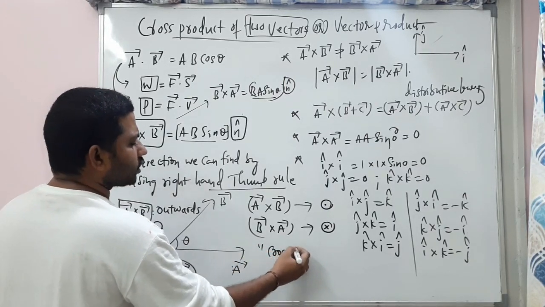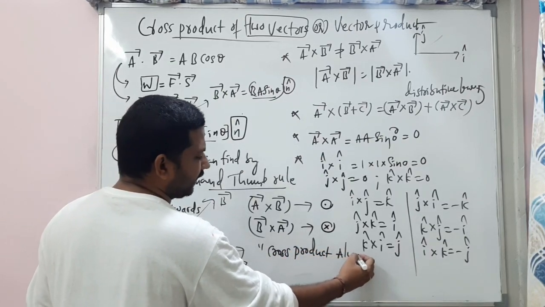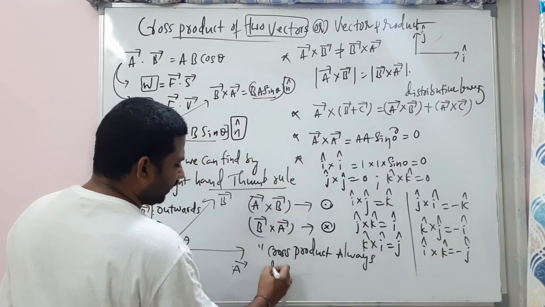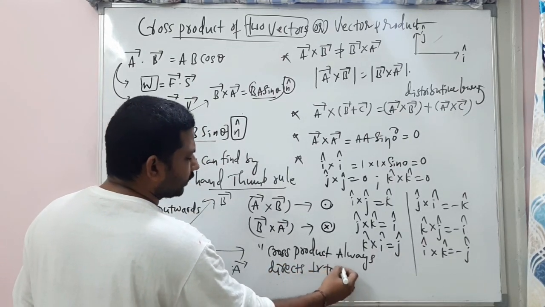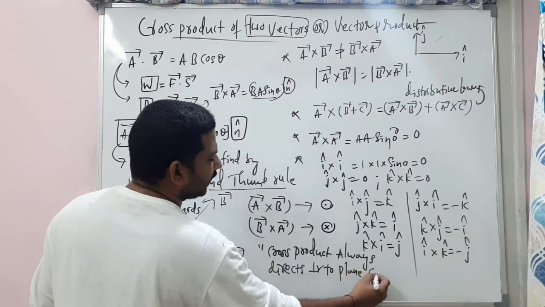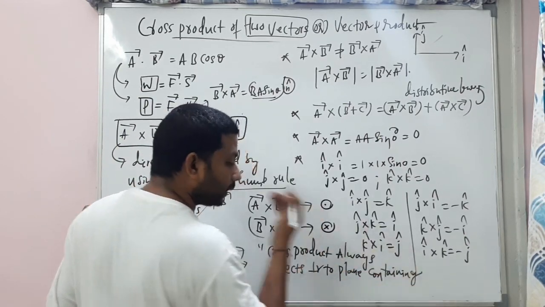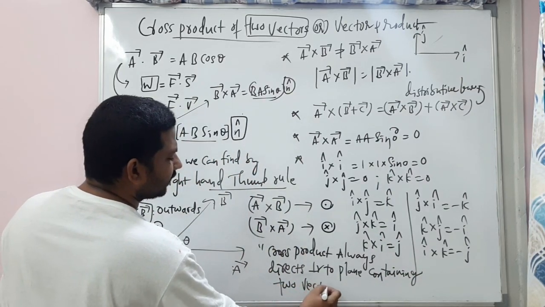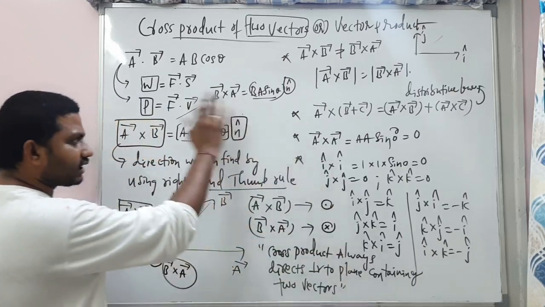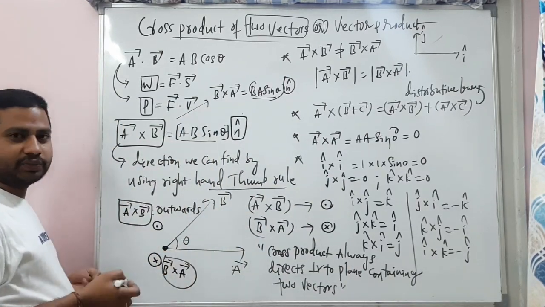So the cross product is always directed perpendicular to the plane containing the two vectors. Understand? The plane which contains these two vectors, a bar cross b bar is perpendicular to that.